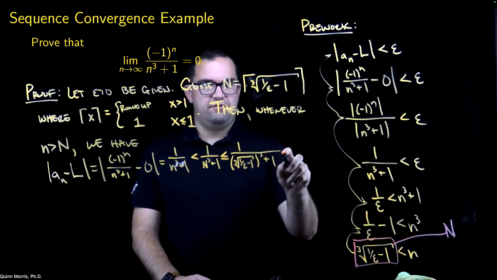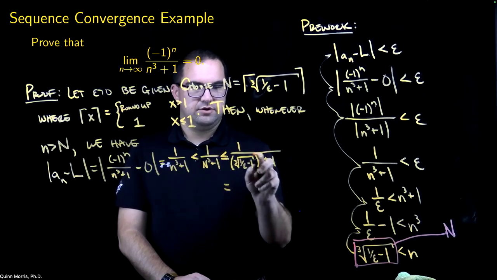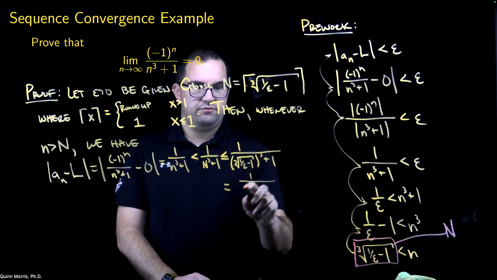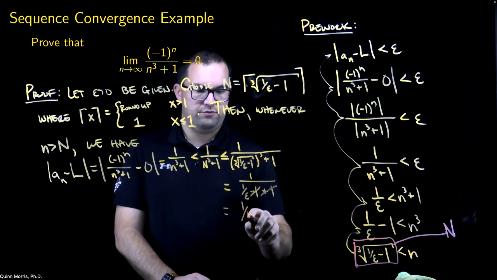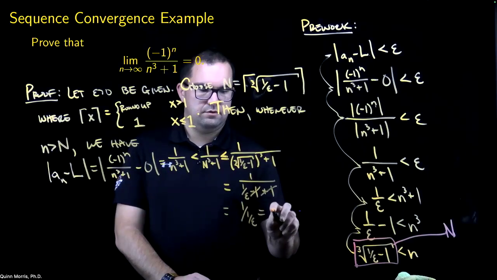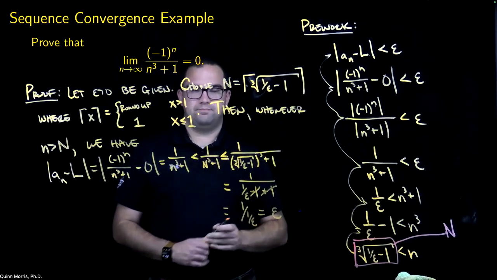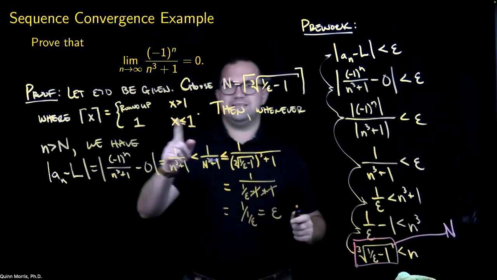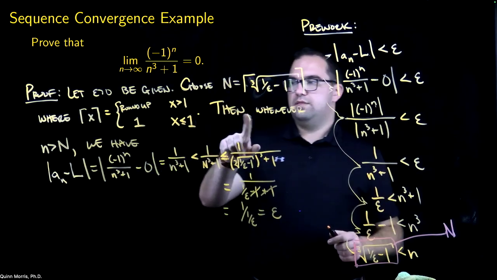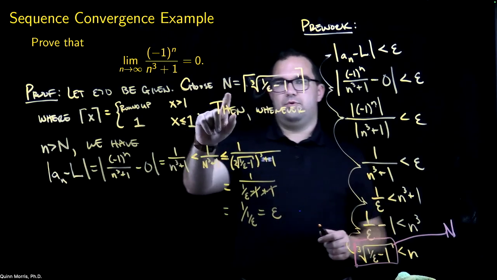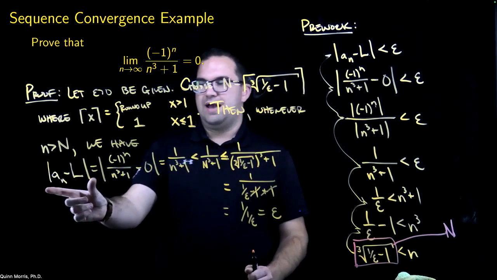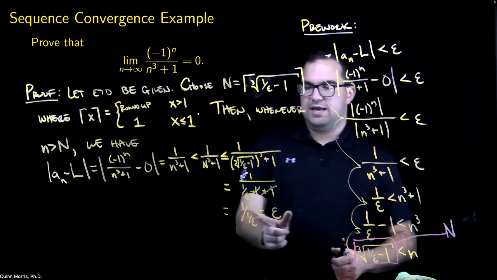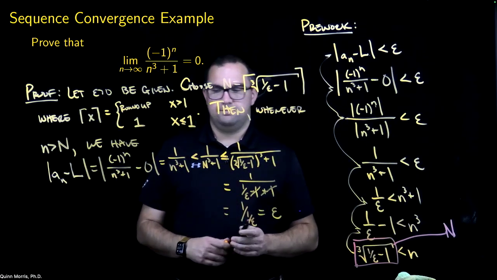Okay. And now if I simplify this, so cube, a cube root, I'll get 1 over epsilon minus 1 plus 1. Those will cancel. I'll get 1 over 1 over epsilon, which is just epsilon. So what I've done here is I have shown that by choosing my capital N in this way, whenever little n is greater than capital N, we have that the absolute value of a sub n minus L is less than epsilon.